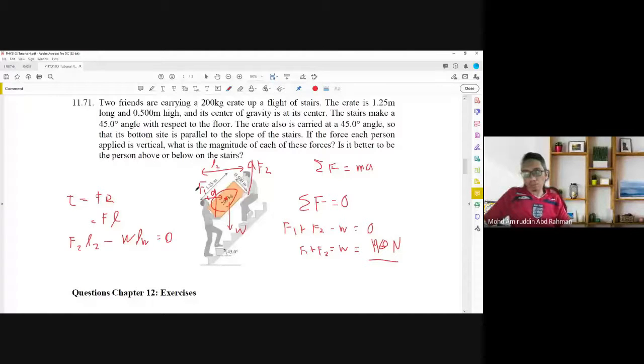So what is the length? The length is the square root of 1.25 squared plus 0.5 squared. So you obtain the length of that.